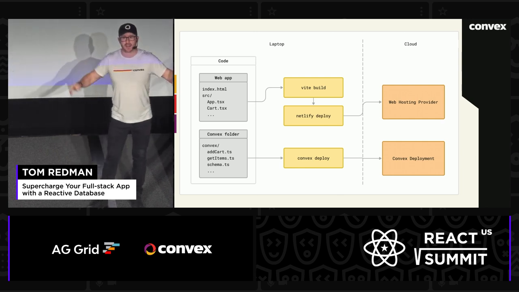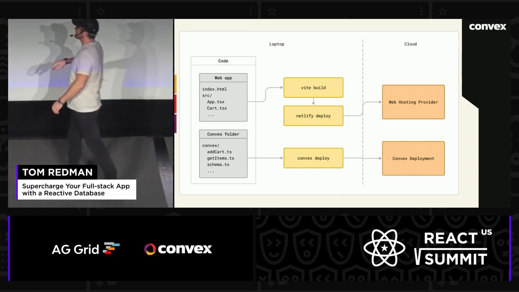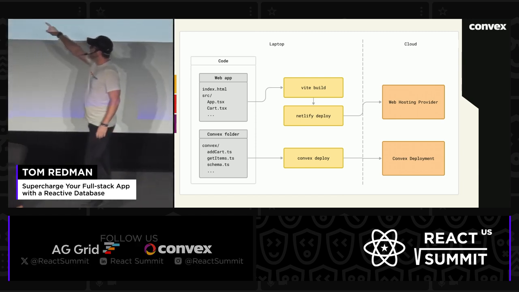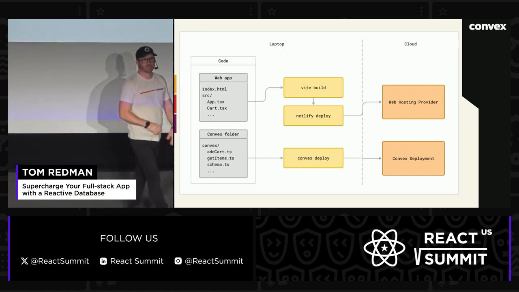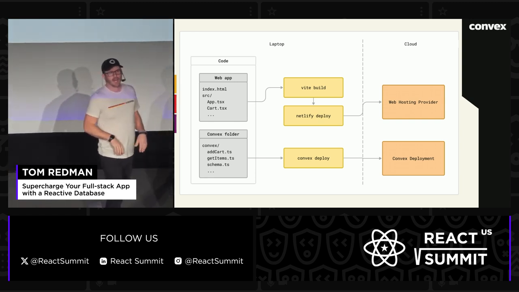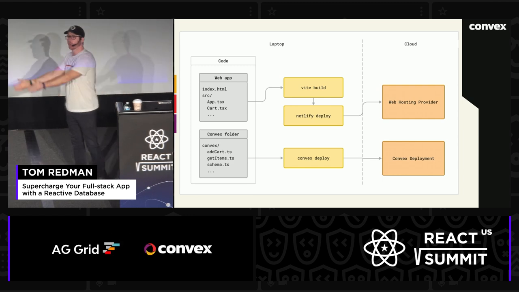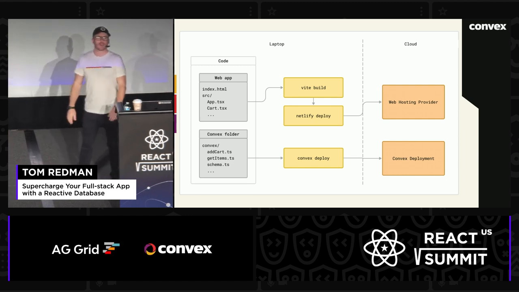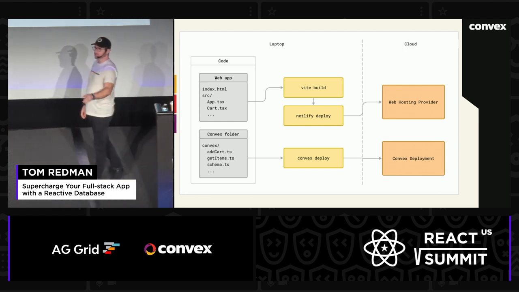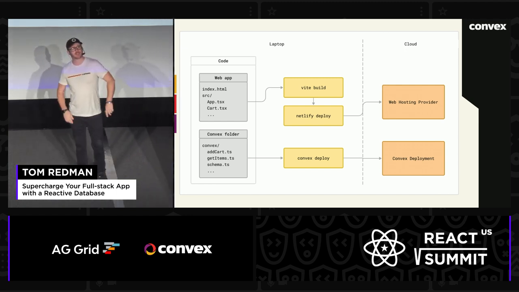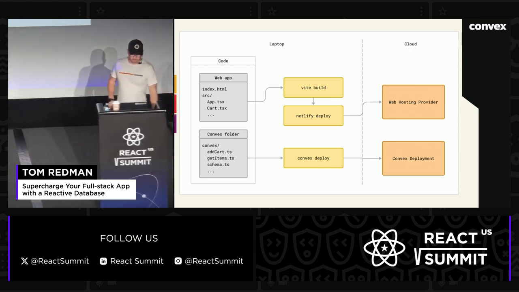They just live together in perfect harmony. The difference is that the code in your Convex folder gets compiled every time you hit save. It's TypeScript, it gets compiled, and then it gets deployed to your Convex instance, of which every project has at least two. There's a development instance, and then there's a production instance with more redundancy.